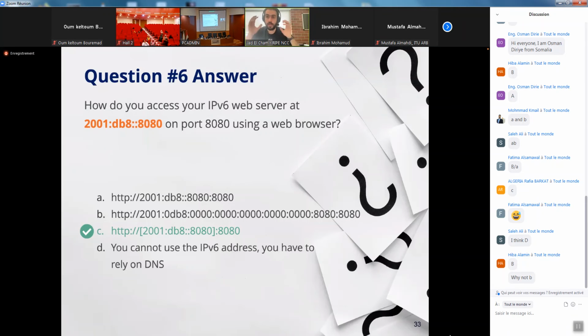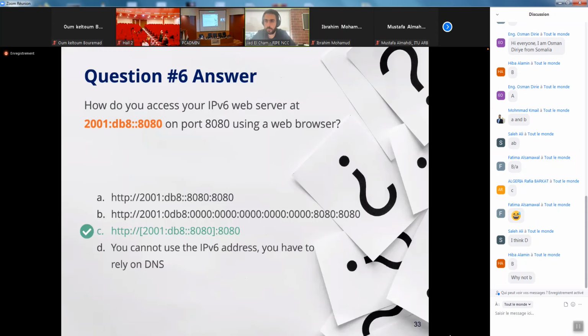That's why we should clearly specify to the browser which part is the IPv6 address and which part is the port number. So that's why option C is correct. We use the brackets to tell the browser, hey, this is the IPv6 address, and then colon 8080, just like what you would do with IPv4 to tell the browser, go to this port, connect to this port.